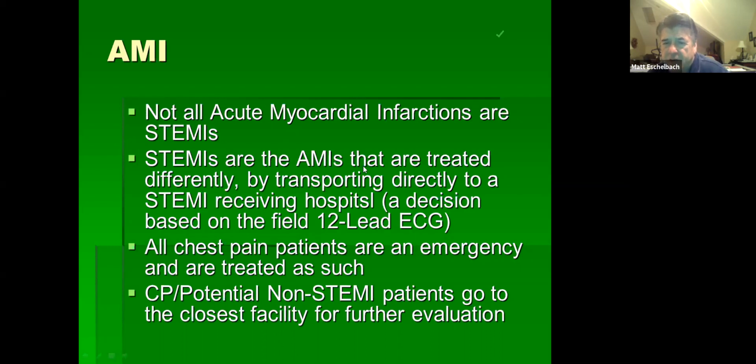STEMIs are the acute MIs that are treated differently, by transporting the patient directly to a hospital where intervention can be done. All chest pain patients are an emergency and should be treated as such, and chest pain potential non-STEMI patients should go to the closest appropriate facility for further evaluation, and if necessary, they can be transferred at a later time.